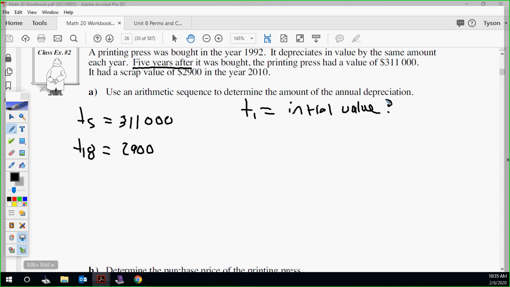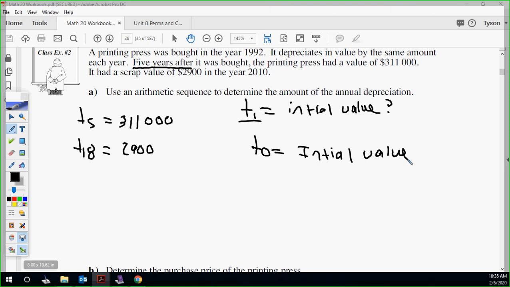What does T1 mean? 1 year of depreciation. Great. So once we figure out the D, we'll get T1 and add one more. We essentially want T sub 0, even though that's not really a thing. That's the initial. You guys did a good job there. Last class didn't see that. So T1 is your first year of depreciation, not your first year of buying it.